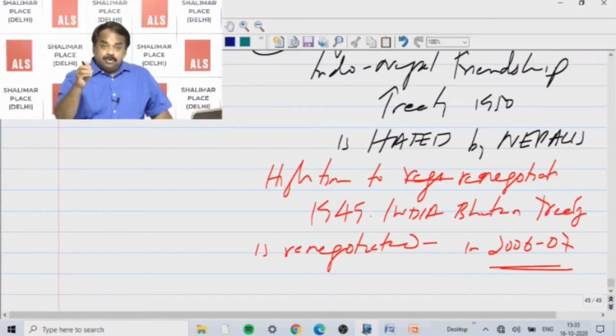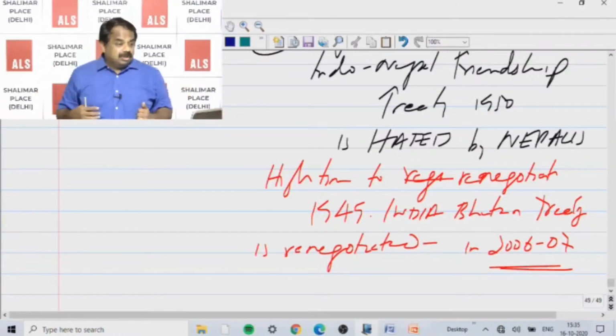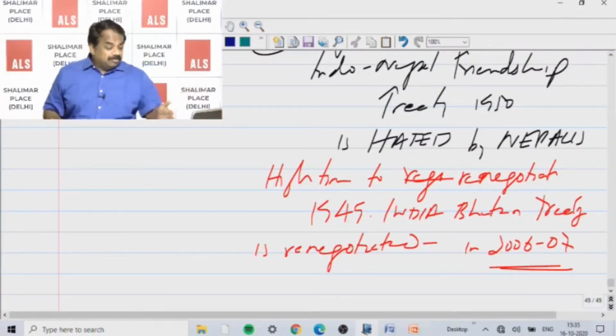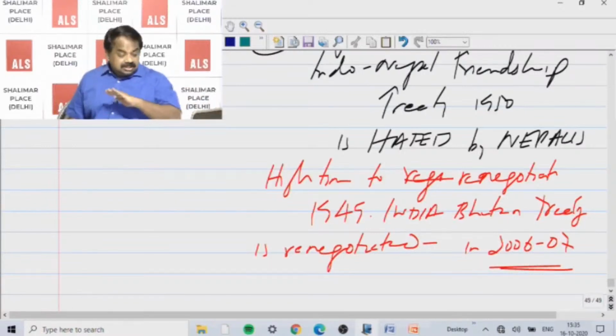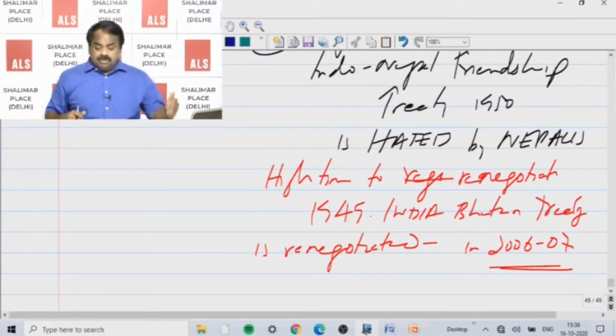There was a provision in the India-Bhutan Friendship Treaty that Bhutan should take guidance from India in foreign policy. We have removed it. Article 2 of the India-Bhutan Treaty has been changed to make it equal. In the 2006-07 agreement, we treated our treaties as between equals. We have acknowledged Bhutan as a proper nation state. The same thing should be done here.